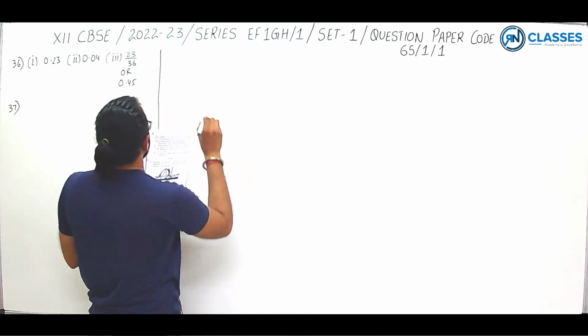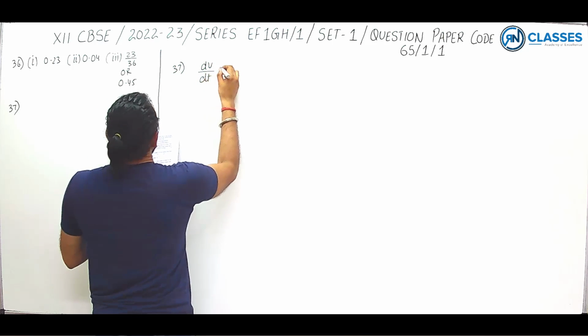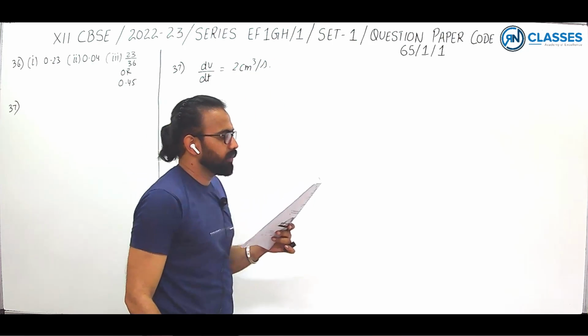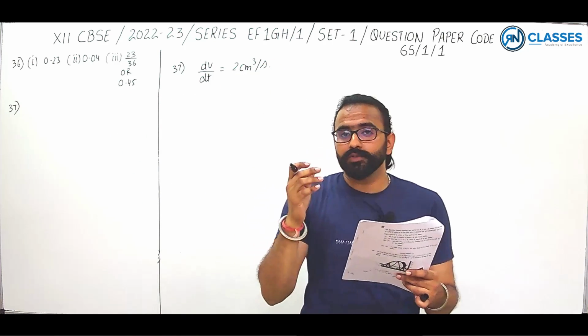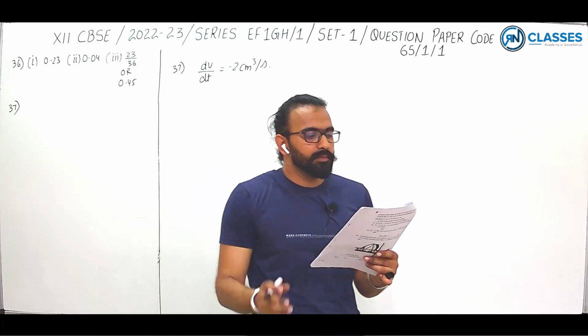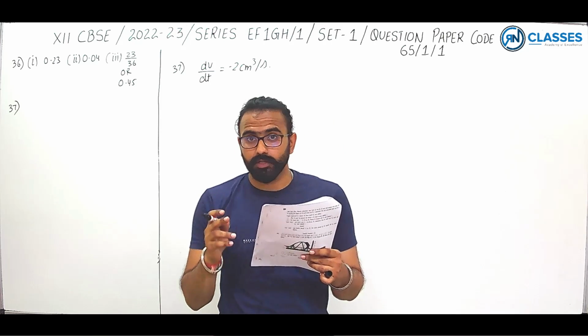Means we are given the rate of change of volume, that is dV by dt is 2 centimeter cube per second. Since water is dripping, the rate of change of volume is negative. The semi-vertical angle of the conical tank is 45 degree.